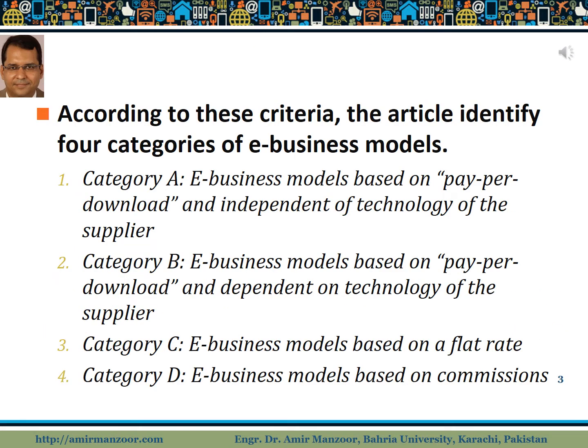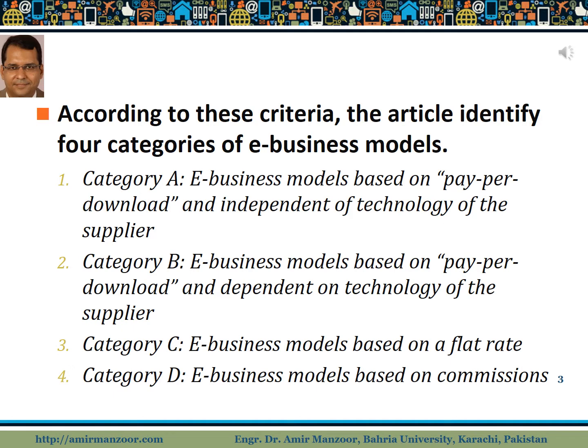Okay, so here we are going to discuss the four categories of e-business models as described in this particular article. The first category is e-business models based on pay per download and independent of technology of the supplier.